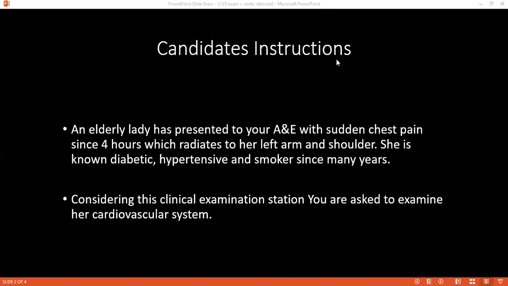So I will start by looking around the patient if there is any oxygen cylinder or any walking aid beside the patient. And then I will start by general looking. Also if there is an ECG beside the patient, I will look at it, and then I will start by general looking at the face.